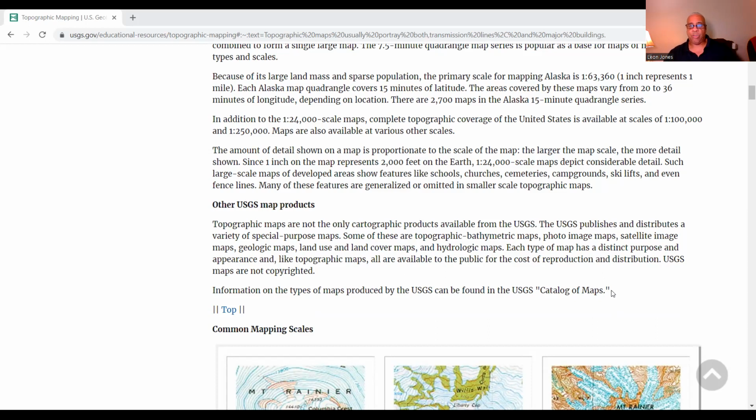Some of these are topographical and bathymetric maps, photo image maps, satellite image maps, geological maps, land use and land cover maps, and hydraulic maps. Each type of map has a distinct purpose and appearance like topographical maps. All are available to the public for the cost of reproduction and distribution. Remember, USGS maps are not copyrighted.